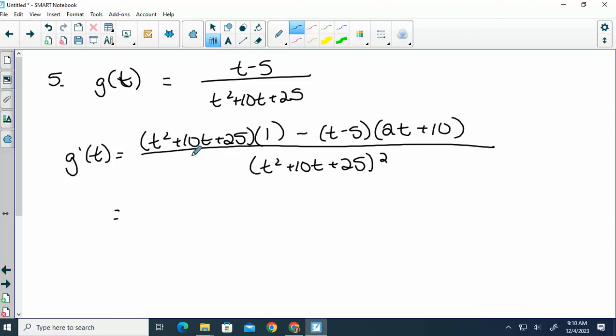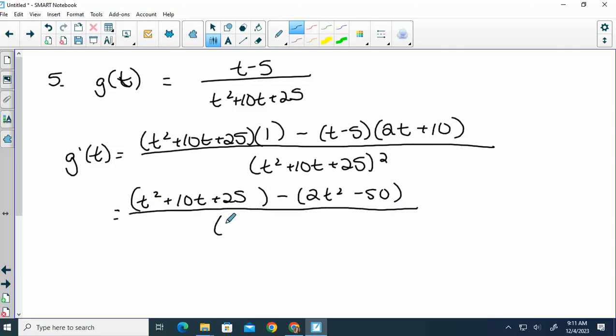From here, if we multiply, so this one we just take times 1, so it's itself. Here we have to FOIL, so plus 10t and minus 10t cancel. What do we do next? Yeah, we distribute this negative.